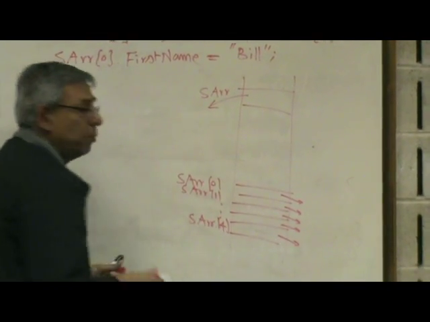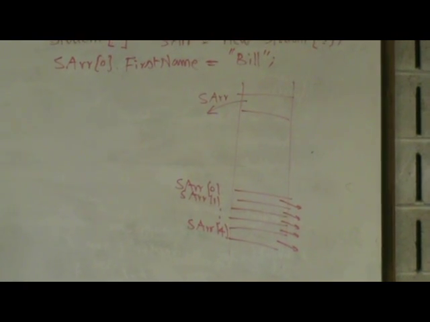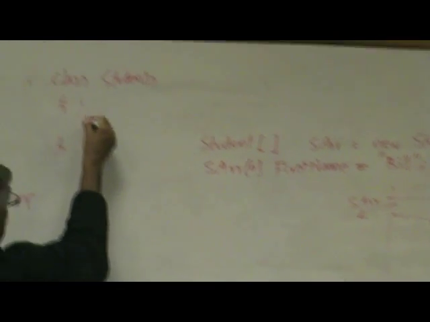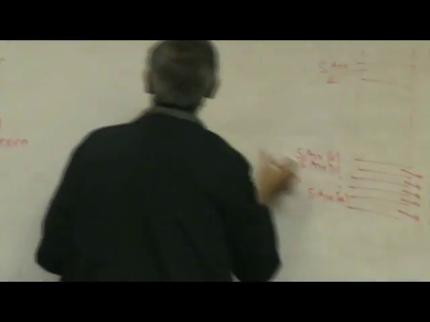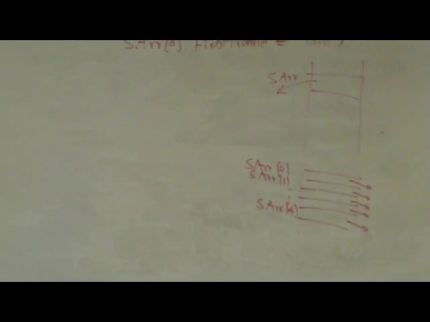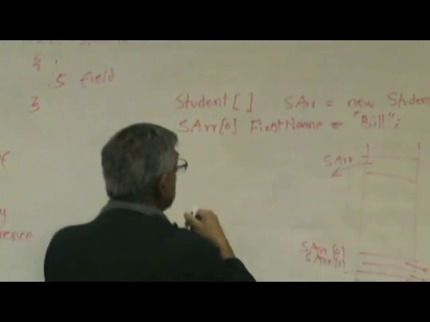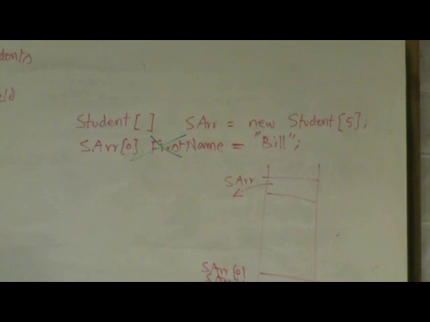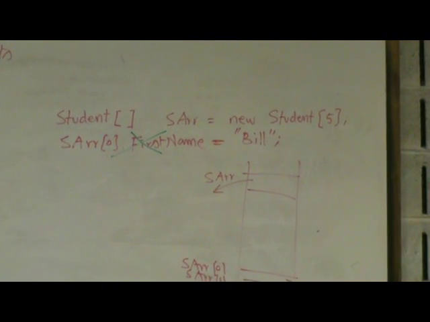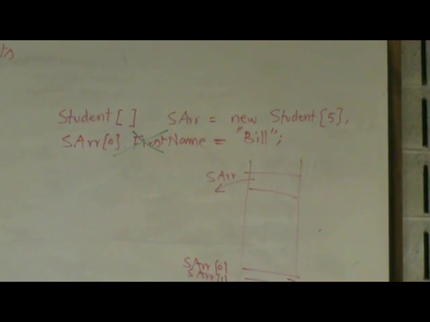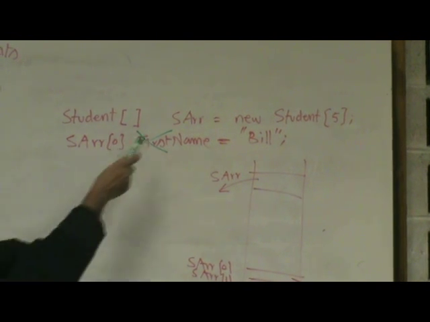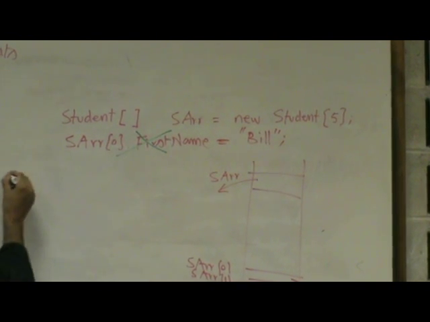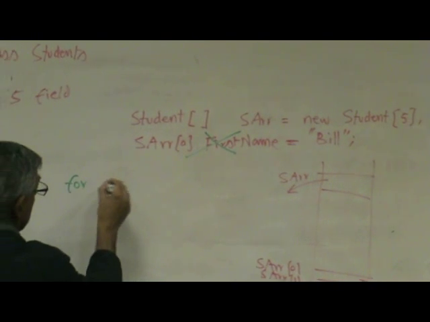So this is like a single memory for each reference, but each student has 5 fields over here, let's pretend. So the memory for the 5 fields does not exist yet. So that's why if you try to do this right away, you will get a runtime error because there's no memory to store the first name, right? So then if you recall, the way we allocate memory for each student for each reference in the array is we often write a for loop.